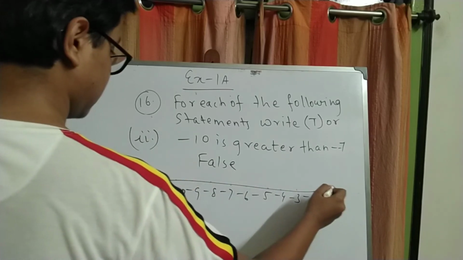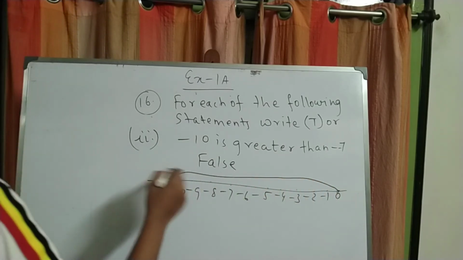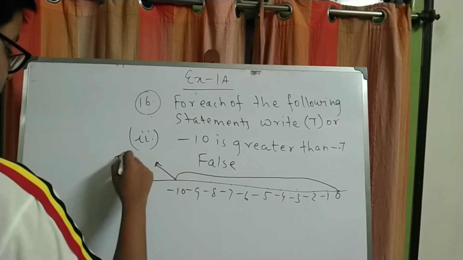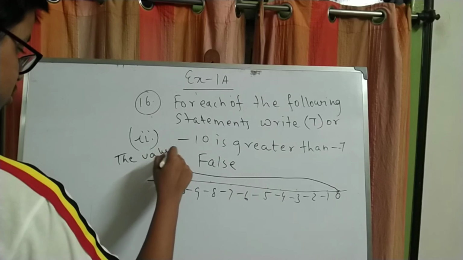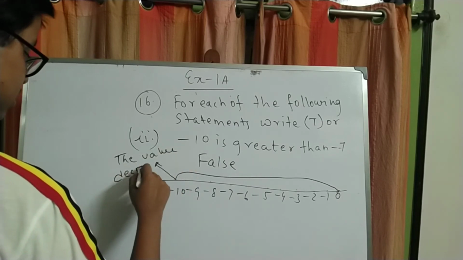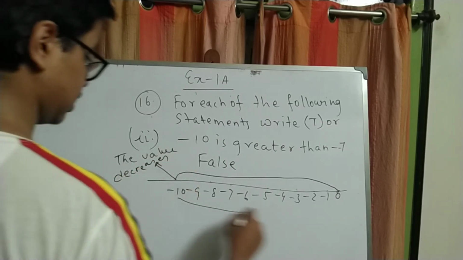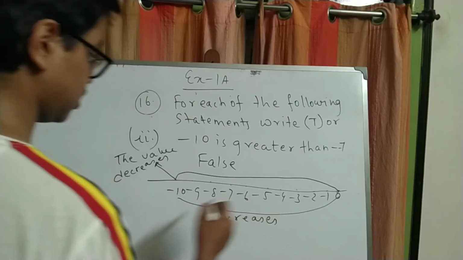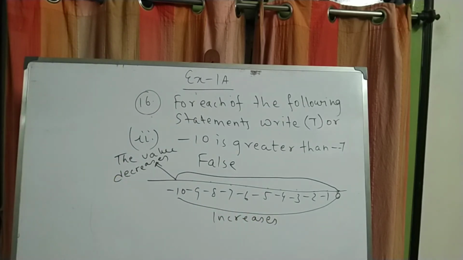If we start from 0 to minus 10, if we go deeper in the number line, the value decreases, and in the reverse process the value increases. So minus 10 is not greater than minus 7. This statement is absolutely false. This is the example.